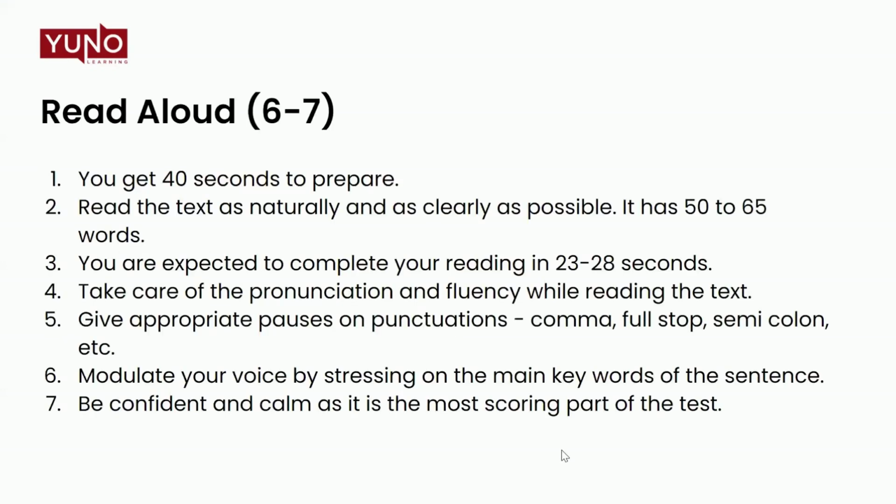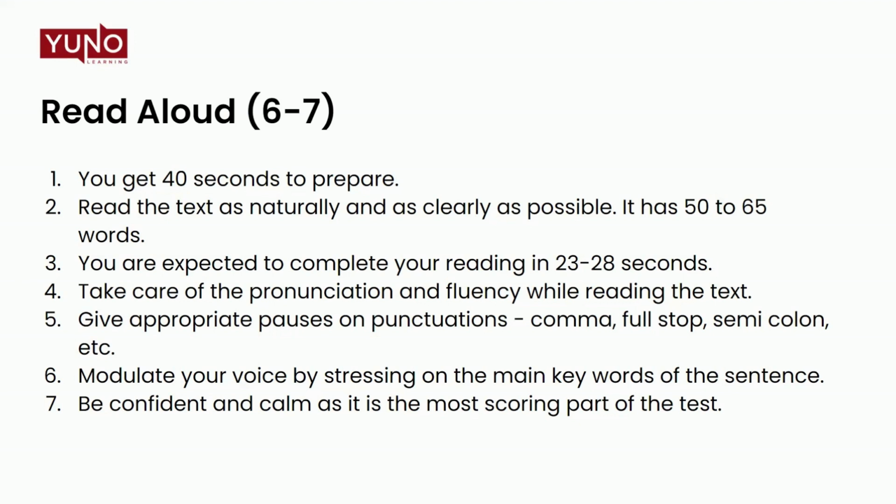Now, the first type of question that you can expect in this part is read aloud. You can get 6 to 7 questions of this type. And you get 40 seconds to prepare. Whatever text you get, about 50 to 65 words, you must read it naturally and as clearly as possible. That means each word should be articulated well.